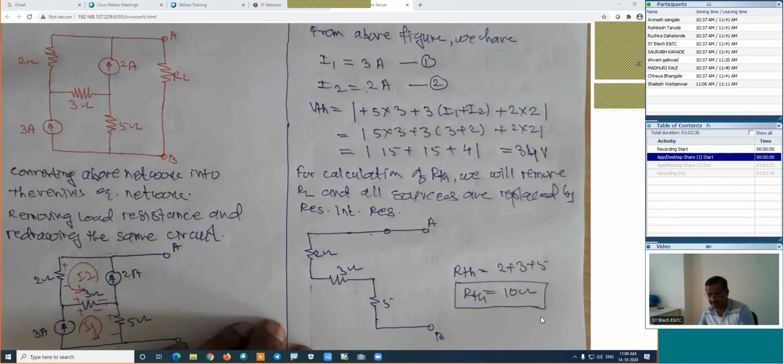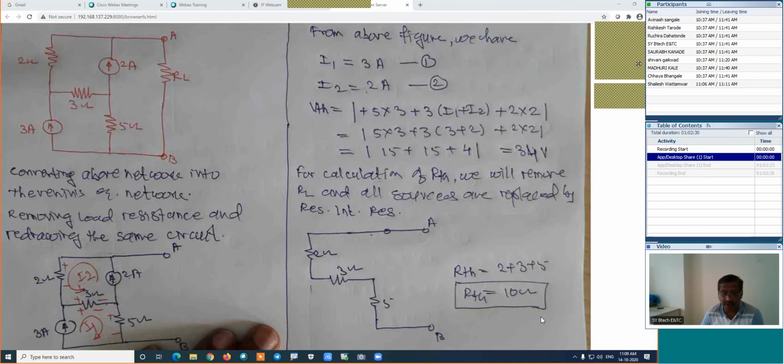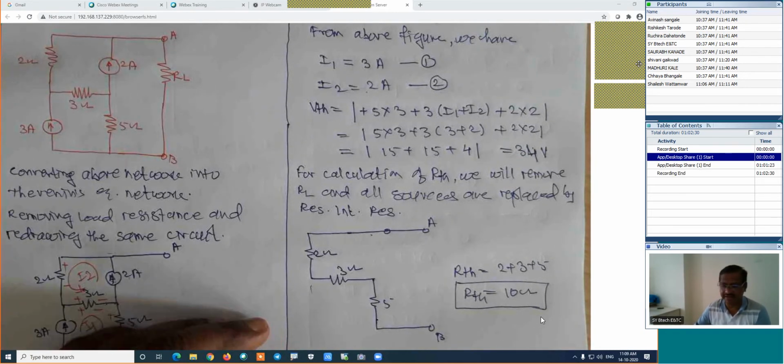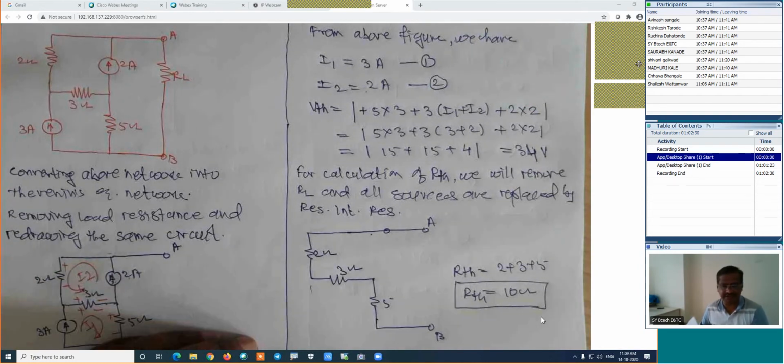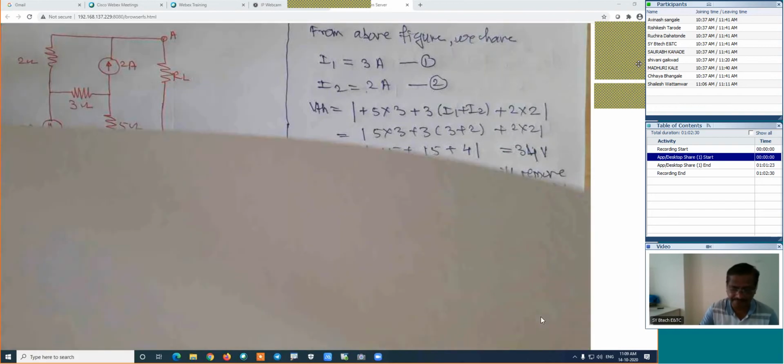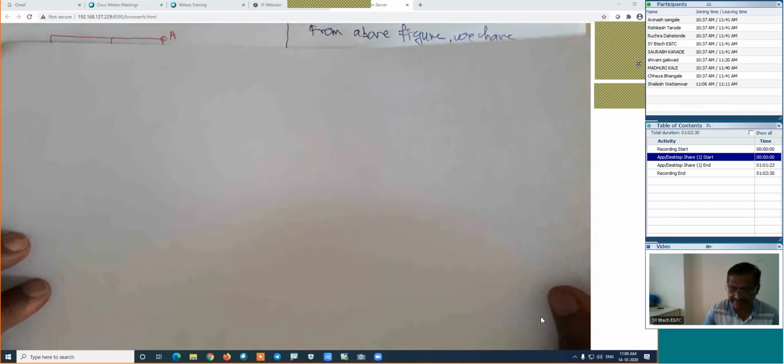Is it right? Now look, this problem looks very much the same as the previous one, but look at how the calculations are different, which I am trying to show here. In this case, if we know VTH and RTH, then the complicated network is replaced by Thevenin's equivalent network. I will write the same here.